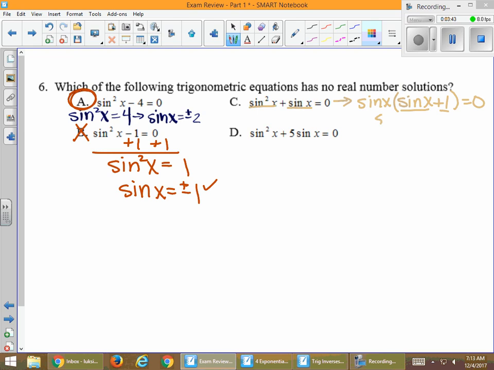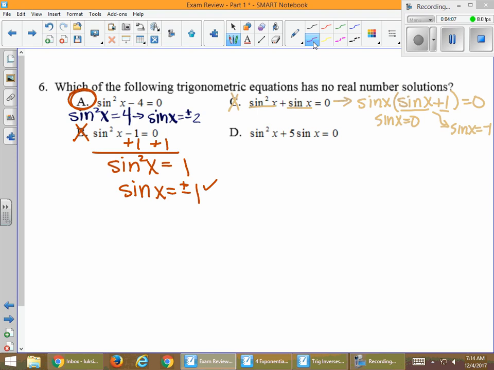So for this equation, we would have sine is equal to 0. And from in the parentheses here, we'd have sine is equal to negative 1. And that gives us 3 solutions actually. Sine is 0 at 0 and pi. And sine is negative 1 at 3 pi over 2. So that's a good one as well.